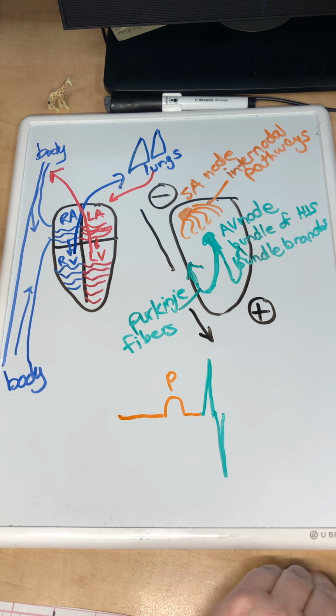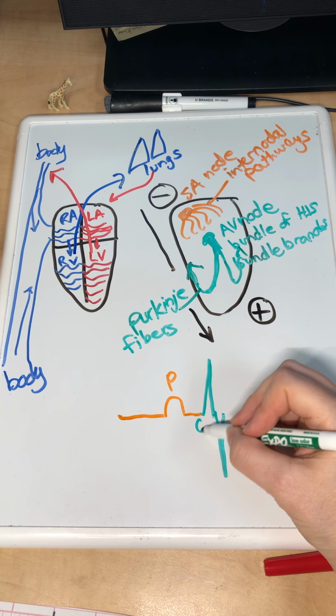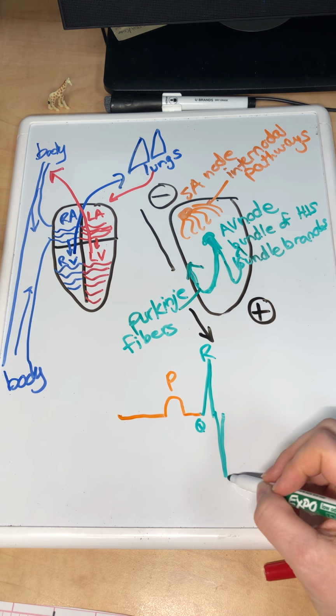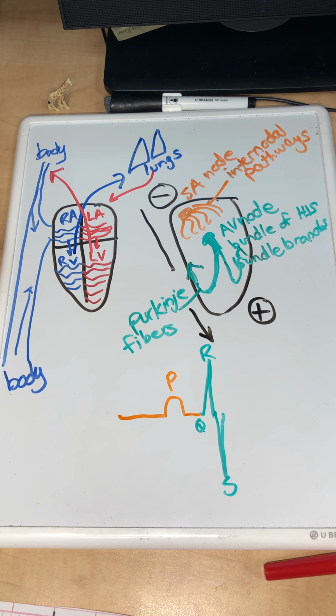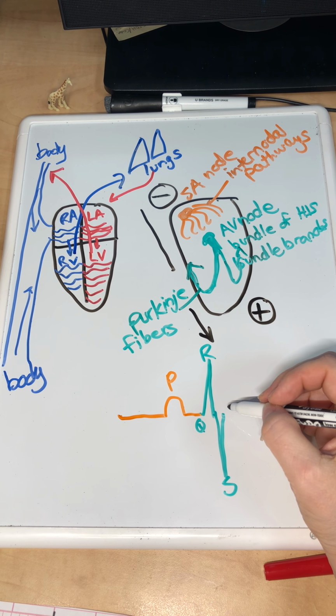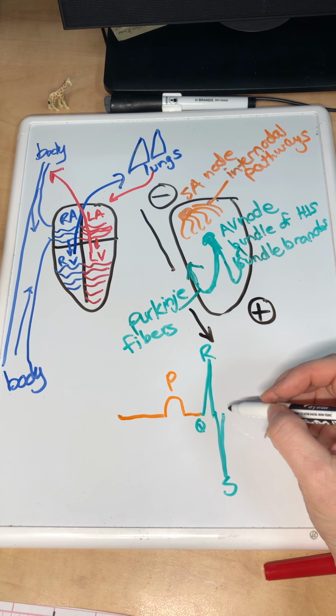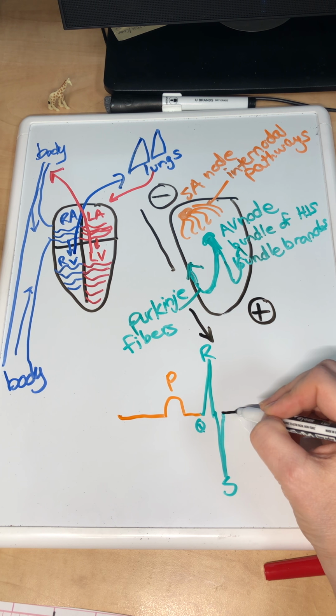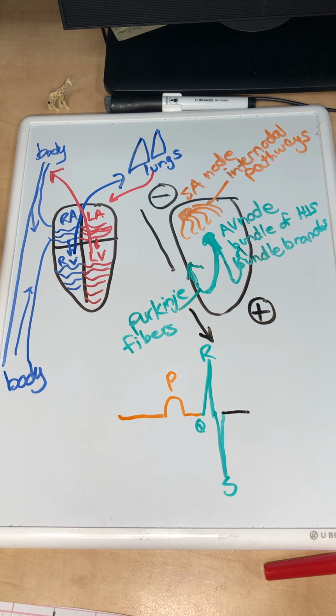And then lastly, after all of the cells are depolarized, let's make sure we label this. This is the Q, the R, the S. After all of the electricity travels through those cells and depolarizes these cells, and depolarization just essentially means that the impulse has traveled through it. There's a lot of physiology behind it, but for our purposes, we don't need to get into that. But all of the cells have to reset themselves.